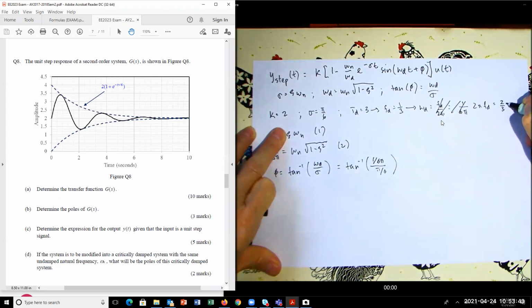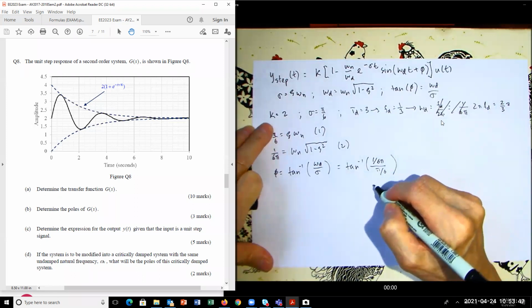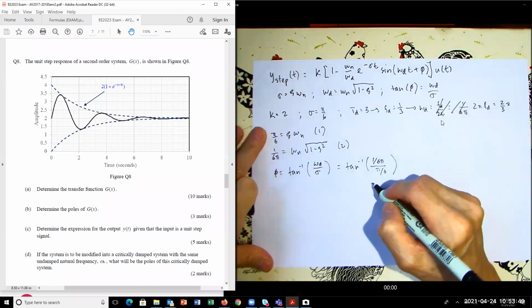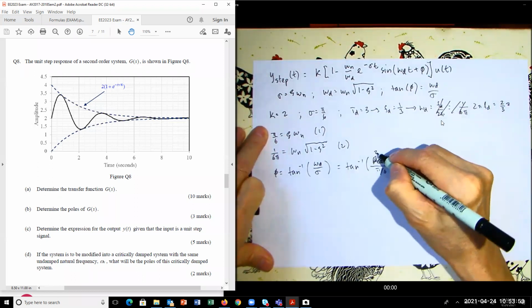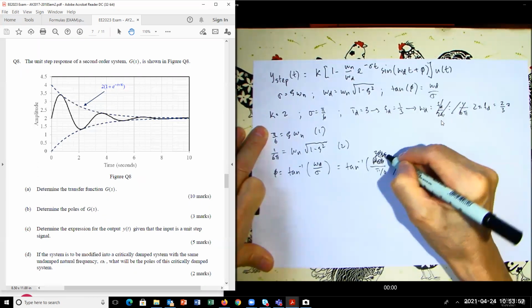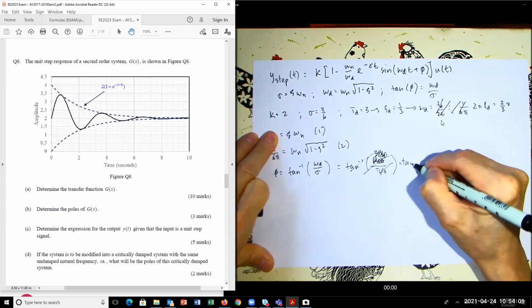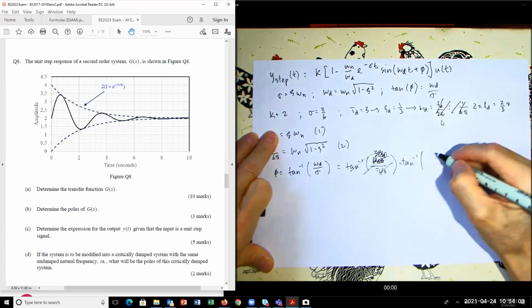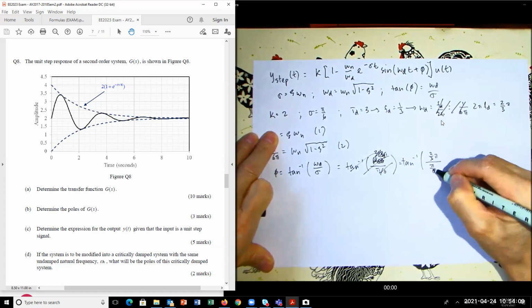My apologies, so this is omega D. So this is 2 over 3 pi. No, sorry. Let me write this again. 2 over 3 pi divided by pi over 6. Okay. Thank you.